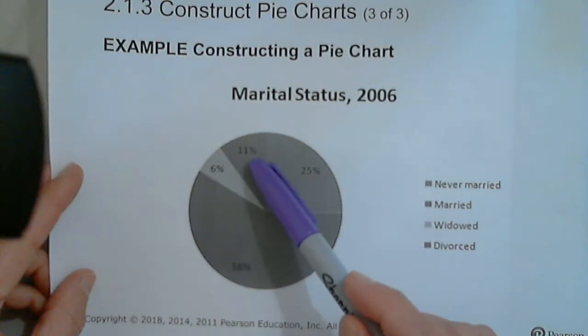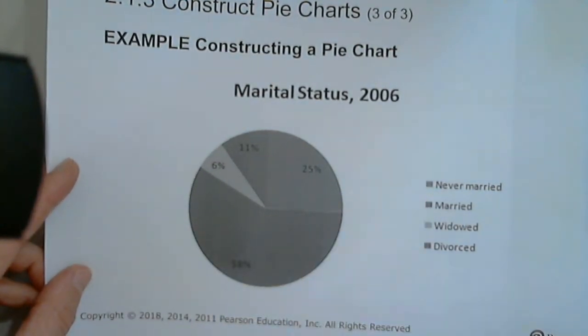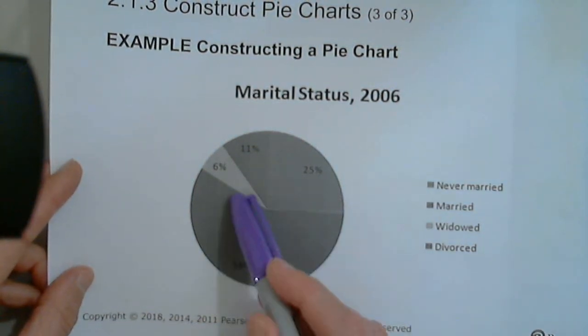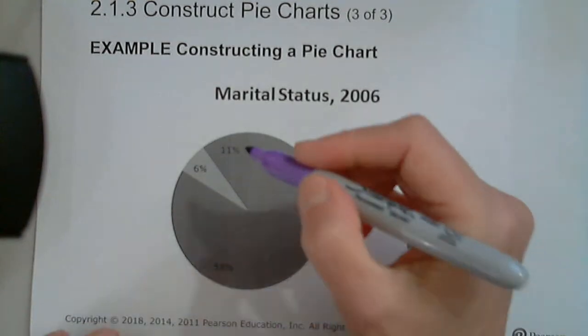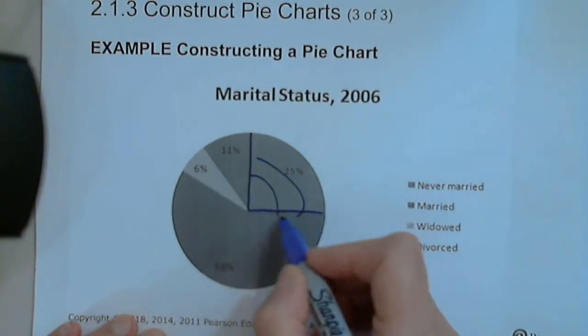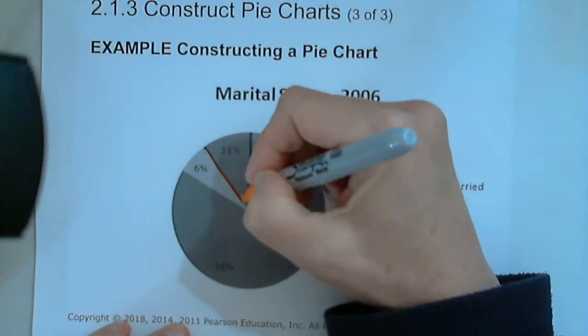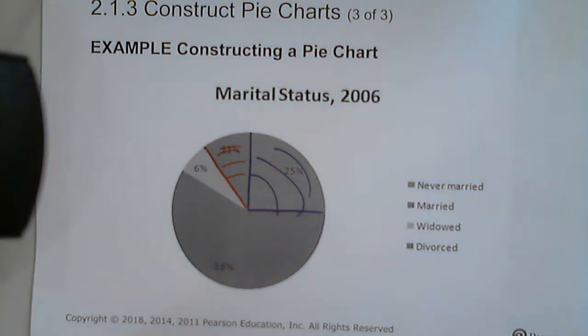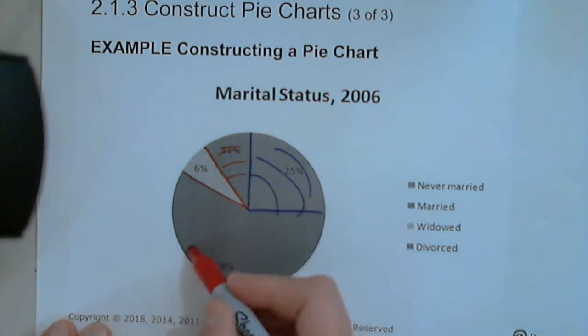So 6%, 11%, 25%, and obviously I don't have a color printer, so I wasn't able to show you that these are 3 different colors, but I can put my own colors here. So this is the 25%, this is the 11%, this is in red, and I'm going to leave that as is.